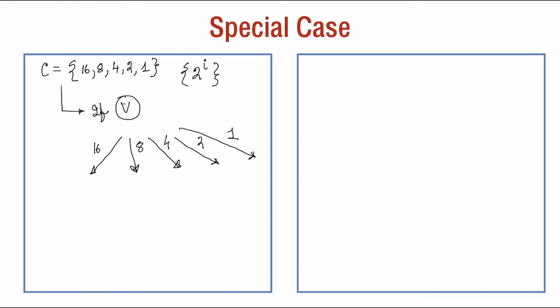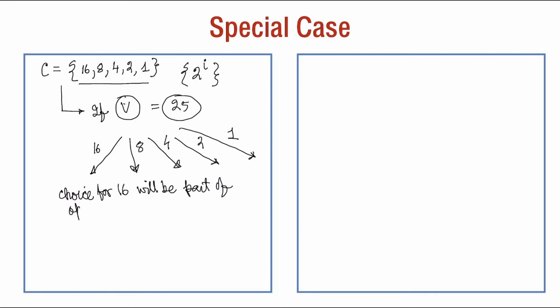Suppose V is equal to 25, then whichever option I choose, I can prove that the choice for 16 will be part of an optimal solution.